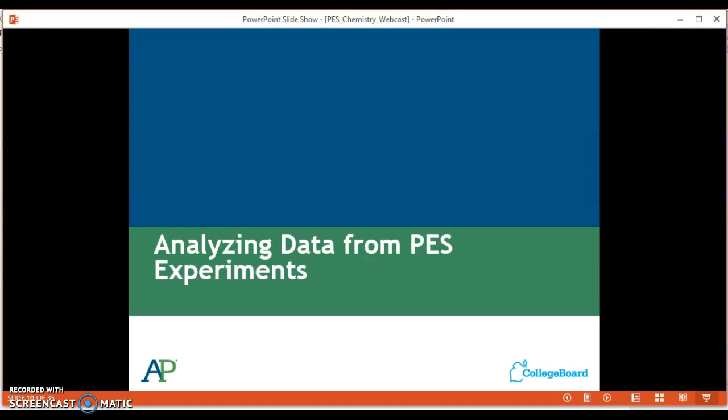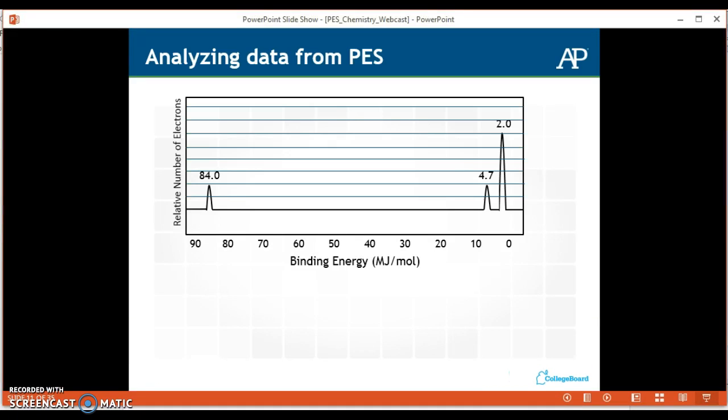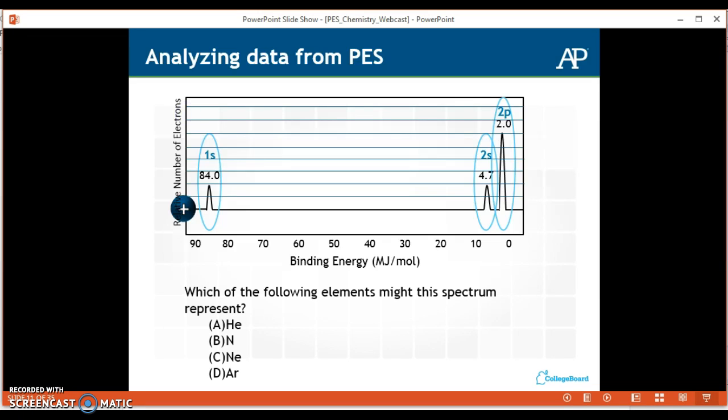Here's some data that you might be asked about in an AP question. We can see this first higher energy peak, which would represent the 1s electrons. The next peak, same height, would represent the 2s electrons. And then the next one, of slightly less energy to remove, which is taller, would represent the 2p electrons.